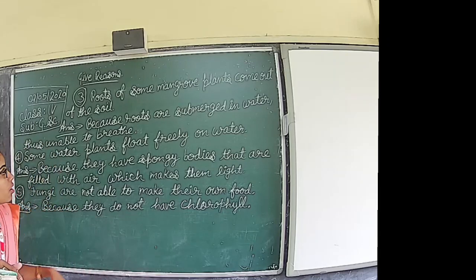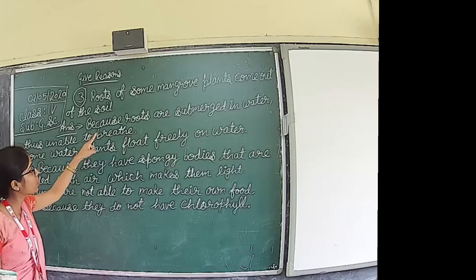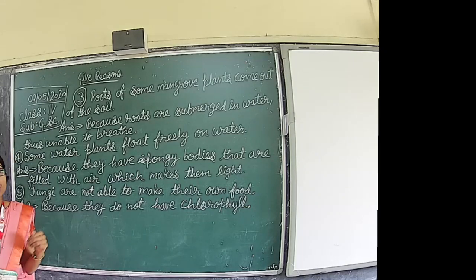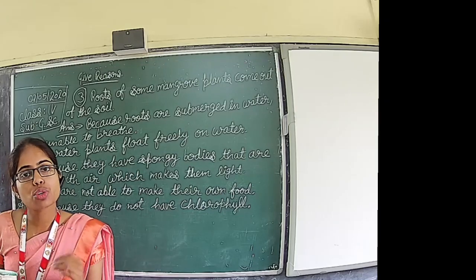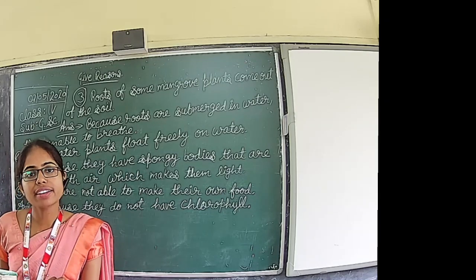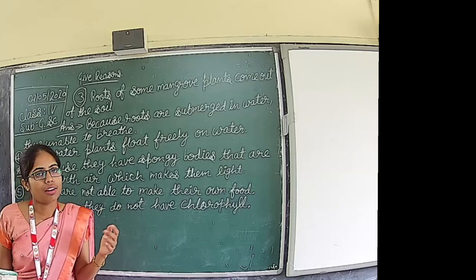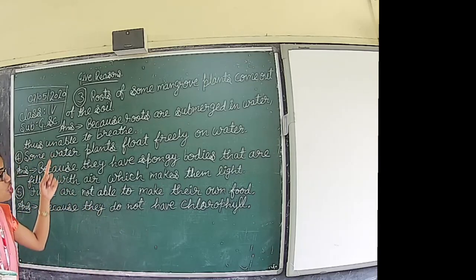So what's the reason we have to write? Because roots are submerged in water, thus unable to breathe, and for that reason their roots come out of the soil. Write question number 3 and the answer also.